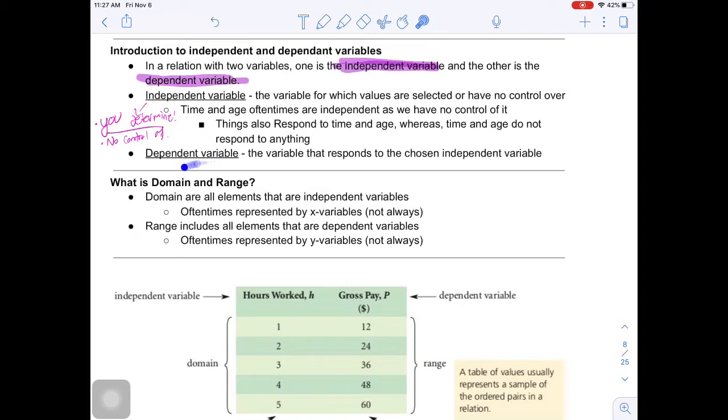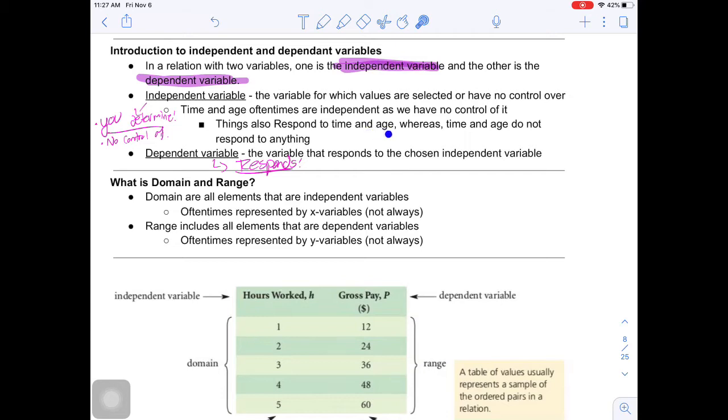Your dependent variable is the variable that responds to the chosen independent variable. Okay, so this is the thing that responds. That's the big word that comes out of that. So think about what maybe responds to time or age. What responds to your age? Well, something that responds to your age would be the height, right? The height at which you are, how tall you are.